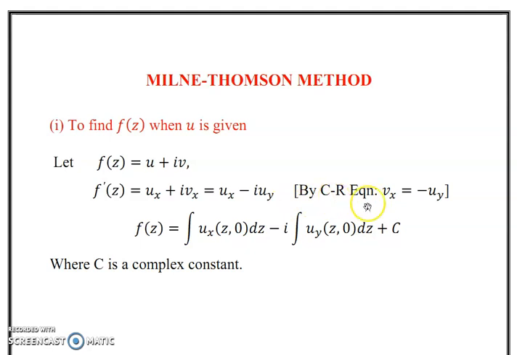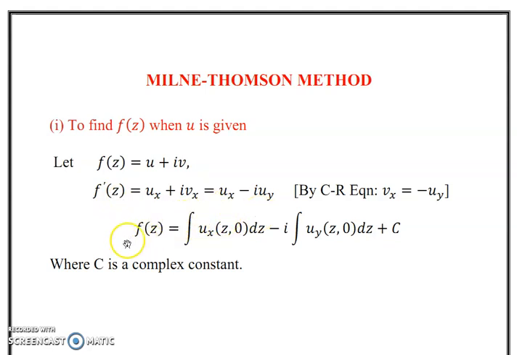By CR equation, we know that Vx equal to minus Uy. Here substitute, we get Ux minus iUy. In this method, u is given, so you want to change the equation f dash of z in terms of u only.